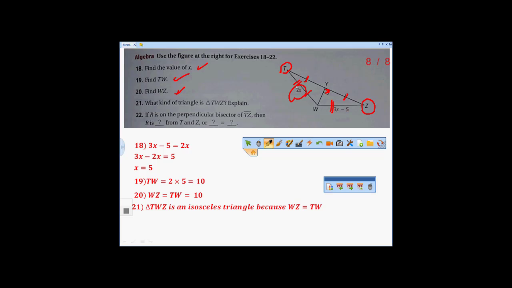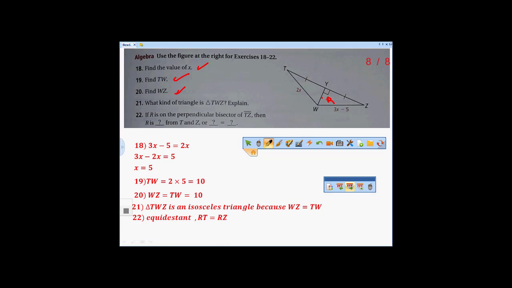The last one: if R is on the perpendicular bisector of TZ. Where is the perpendicular bisector? Yes, WY is called the perpendicular bisector. If I put a point here, this point is called R. Then R is equidistant from T and Z. Yes, right, equidistant.